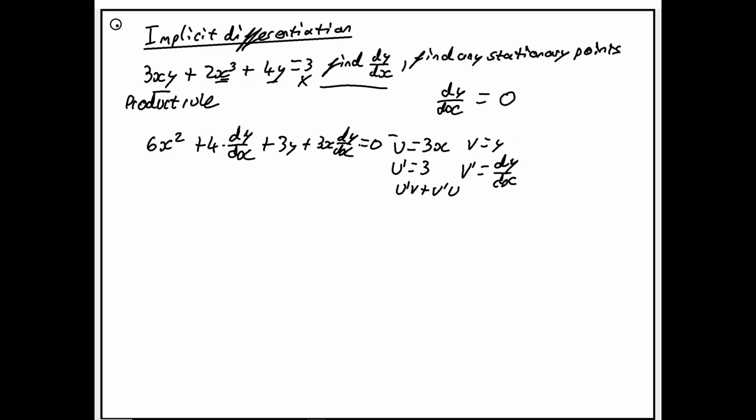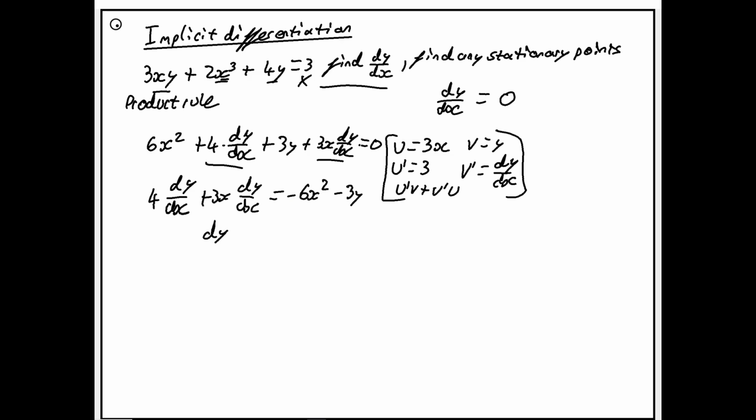Right, now we have to rearrange for dy by dx, so we do that by leaving these terms on the same side and then minusing these two terms to the other side.